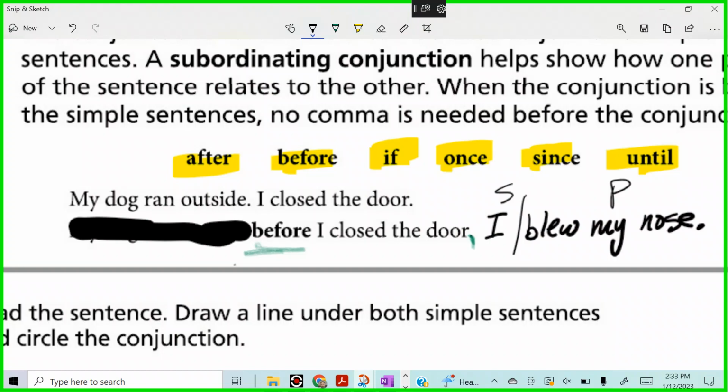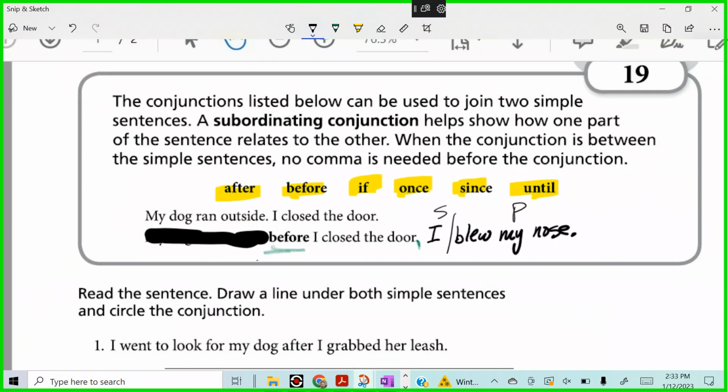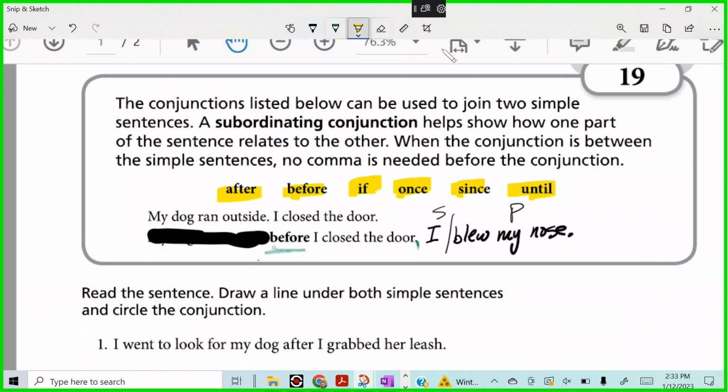Do you understand? Here are the subordinating conjunctions that you need to look out for. If a sentence starts with after, before, if, once, since, or until, you know you're looking at a dependent clause, right? If all you see is the dependent clause, what you have is a fragment.